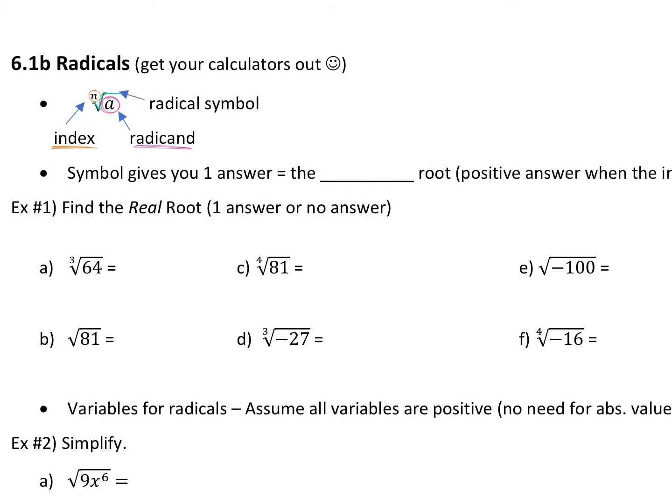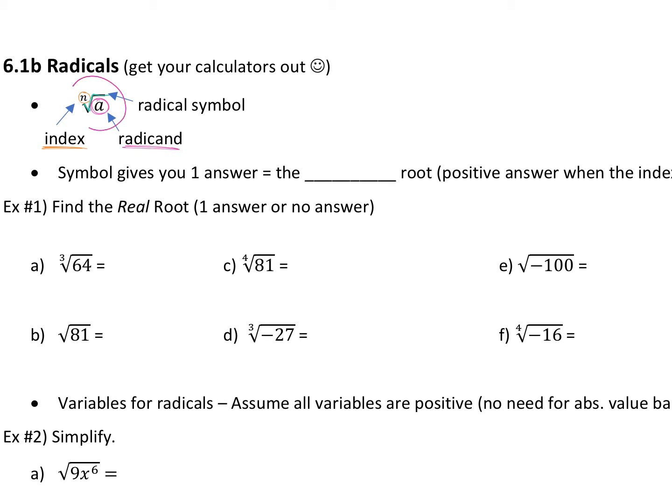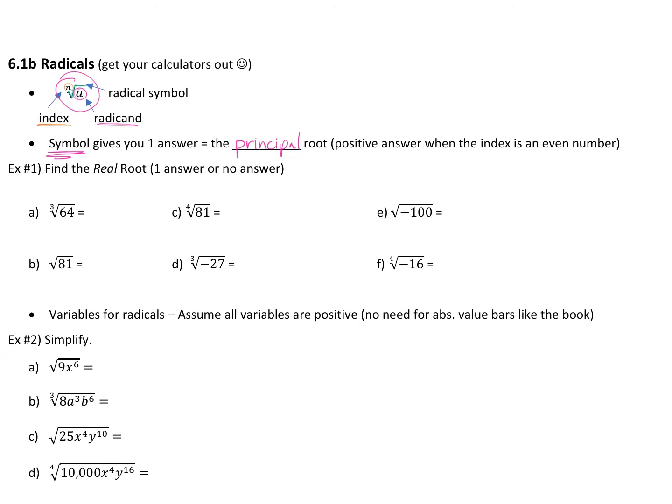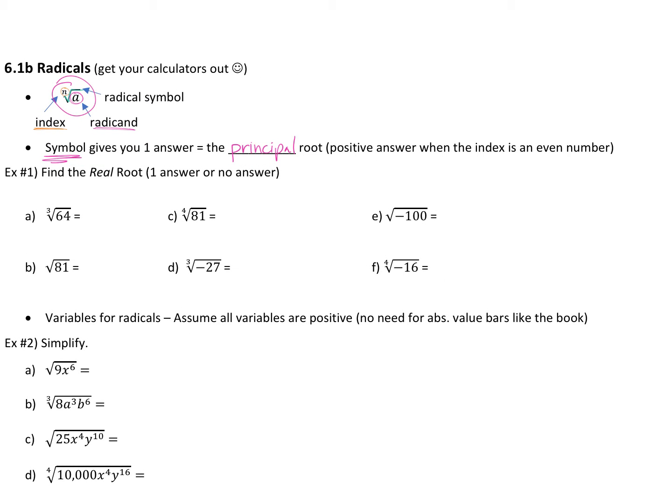When it's just a symbol like this, where we're just taking the nth root of something, we are only going to take what is called the principal root. The principal root is the positive answer when your index is an even number. Remember when we did something like x squared equals 16?